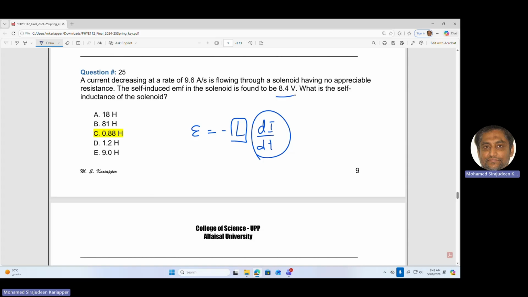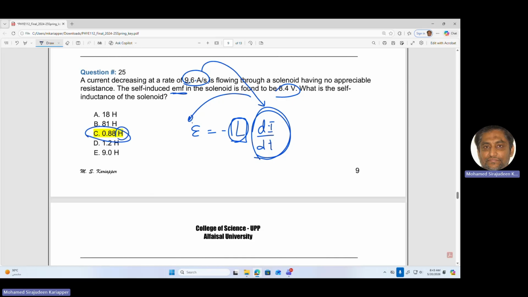The EMF of the solenoid is 8.4, so you put 8.4 here. And this is given: the current is changing at the rate of 9.6 amperes per second. So you substitute and you'll find L. You can ignore the negative sign. That is just the magnitude of the EMF divided by the rate of change of current, which is equal to the self-inductance. So make sure everything is in SI units. Yes, volt is an SI unit, ampere per second is an SI unit. So you should get this answer.